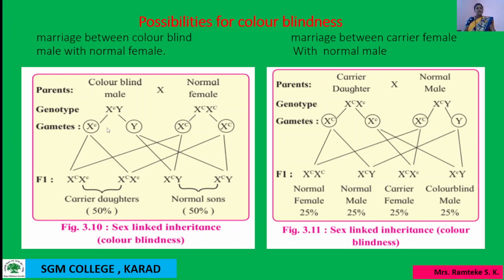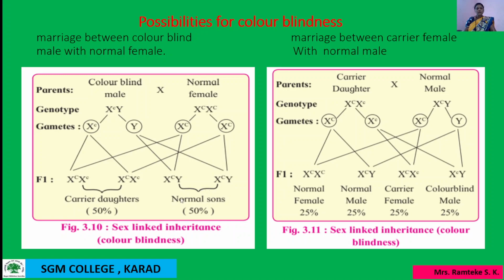Then gametes form here Xc, Y and another XC, okay. So when we crossbreed, at that time XC capital and another one is Xc recessive, okay. Then another character C dominant and another recessive. Then again here is an Xc recessive and Y, and we also found here XCY.